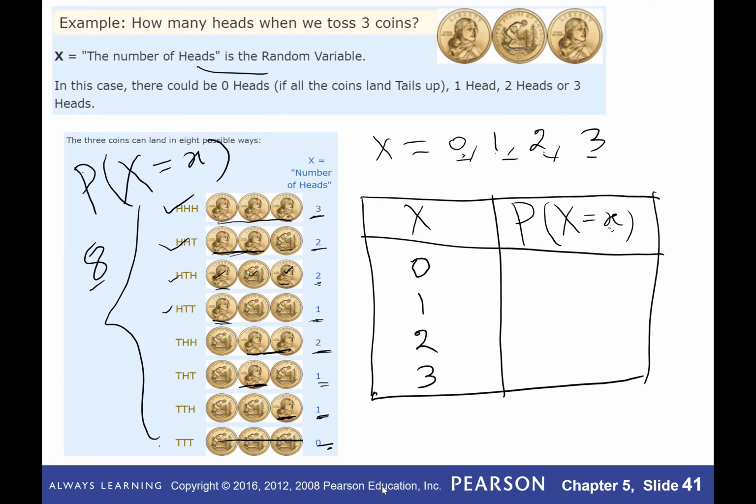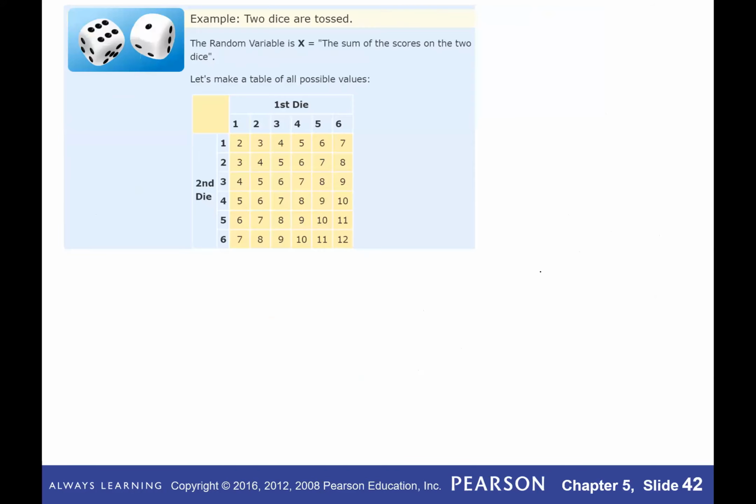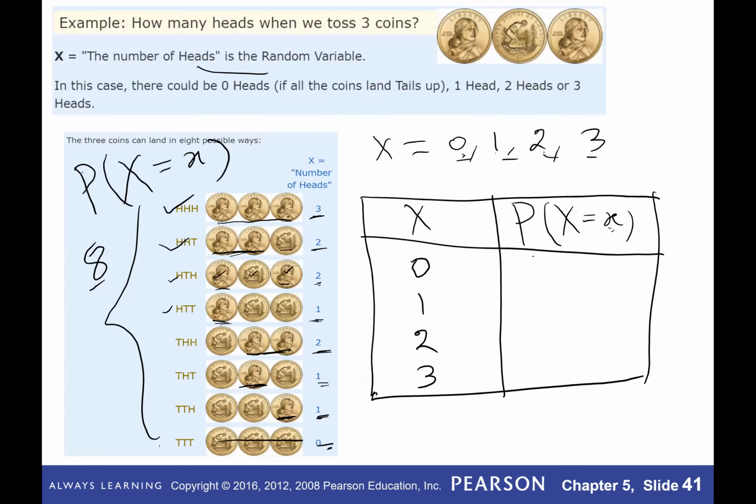When I ask a question, I expect a response from everyone. 1 over 8, 1 over 8. Yeah, I got many 1 over 8. Okay, thank you. So the probability is 1 over 8.